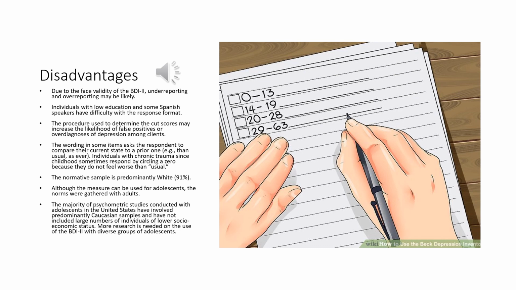Probably the most glaring disadvantage of the BDI-2, beyond the fact that there's not a lot of research on its use in older adults, mainly people over 60 years of age. And there is some underreporting and over-reporting due to the face validity of the BDI-2. But I think that the most glaring highlight is that the normative sample is predominantly white, 91%.